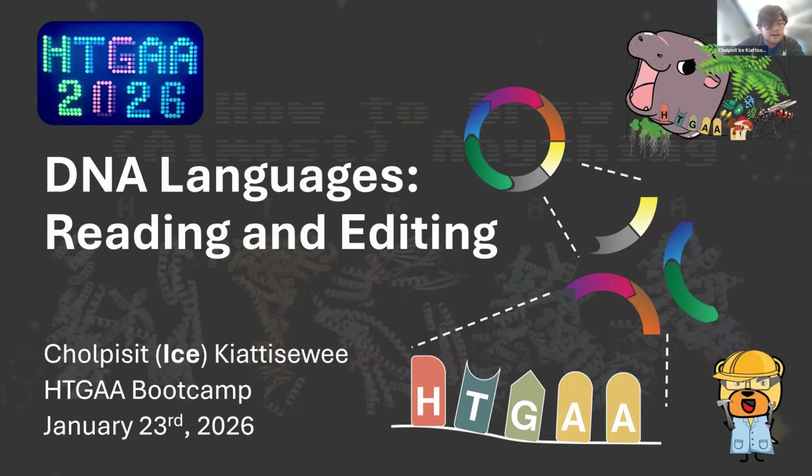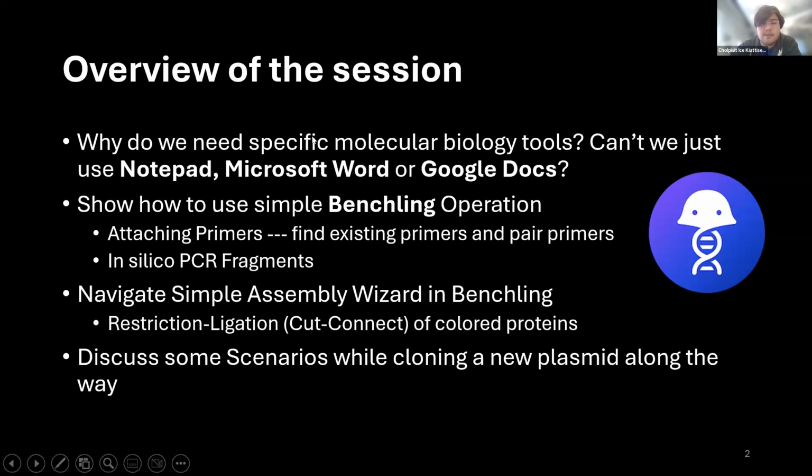So let's get started. In the process of the DNA overview, we're going to be talking mainly about how we use specific tools so that we can read the DNA language properly.